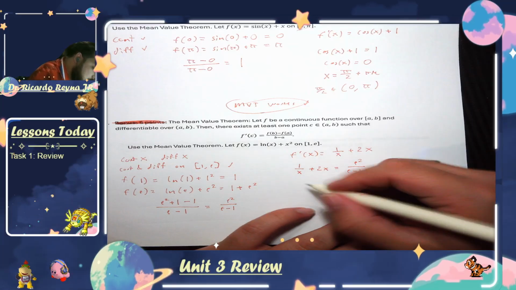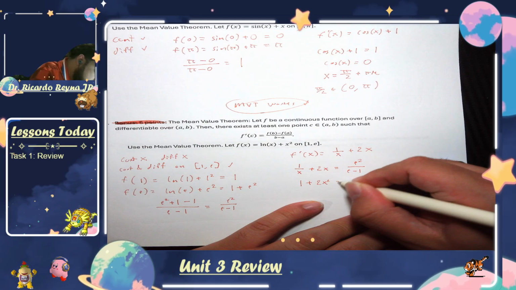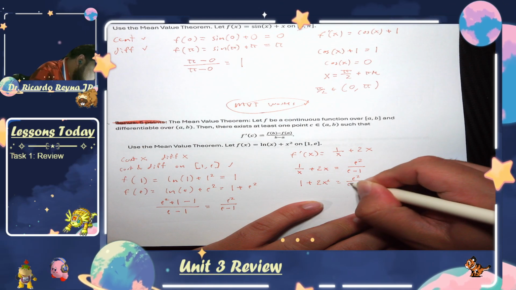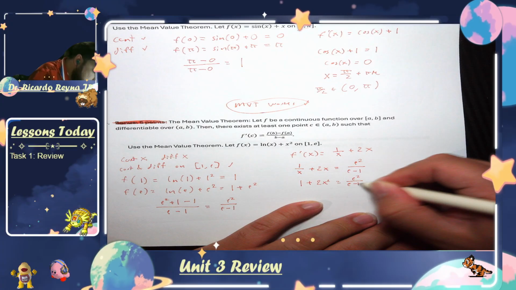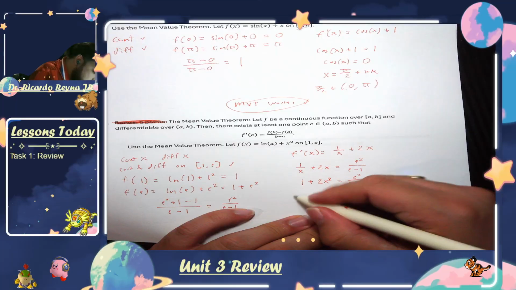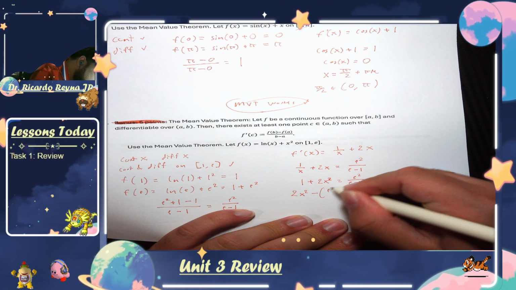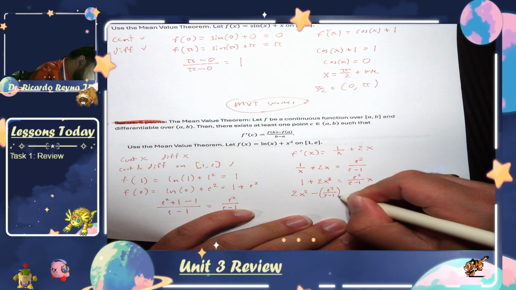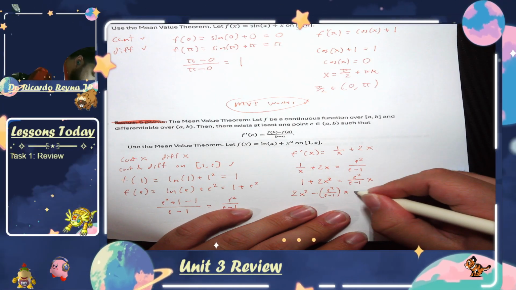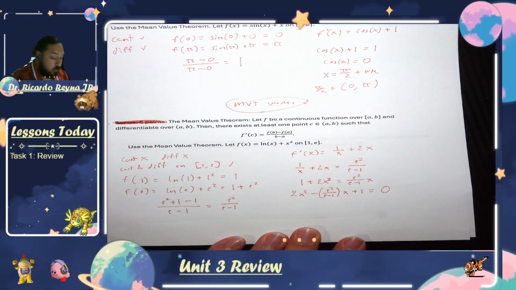I'm gonna go ahead and multiply everything by x, so I get 1 plus 2x squared is equal to e squared over e minus 1 times x. Go ahead and make it so that one side is equal to 0. And then I'm going to use the quadratic formula for this.